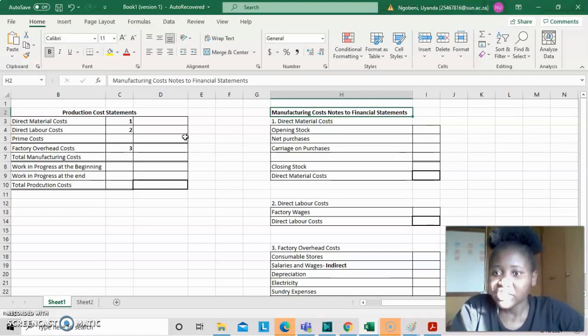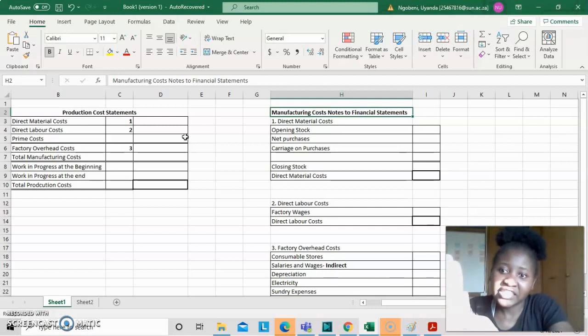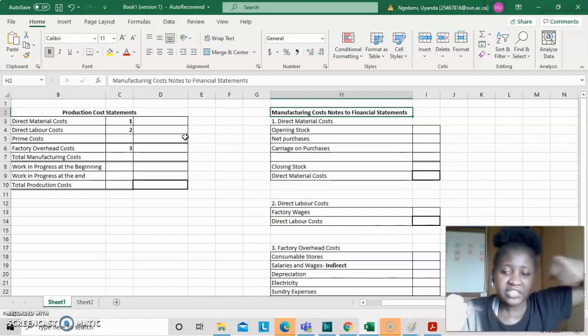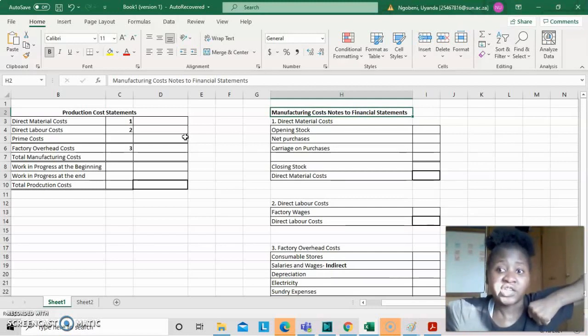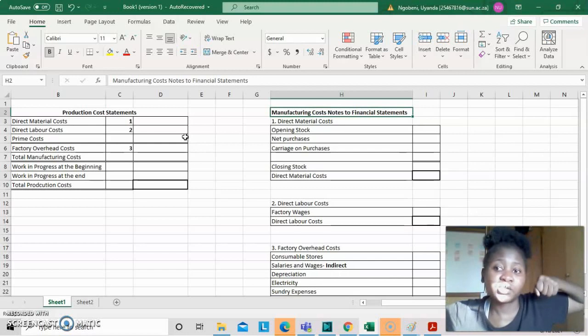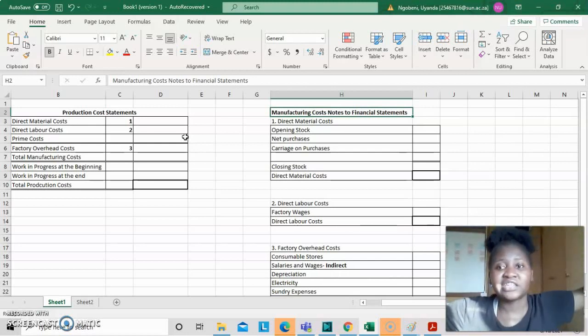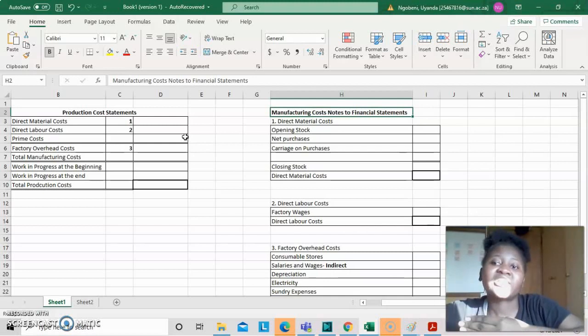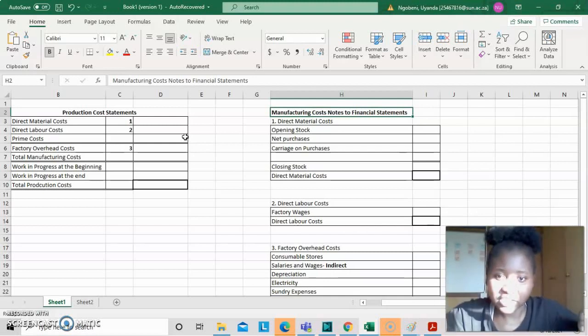The engineers that are making the cars, we call them direct because they're the ones that touch the product, they make the product, you get it? Compared to the cleaners, they don't touch the product, but they still help out in the production, but their only duty is to clean. They make production possible, but they are not the ones who are directly involved in the production. Clear? Out of the way.